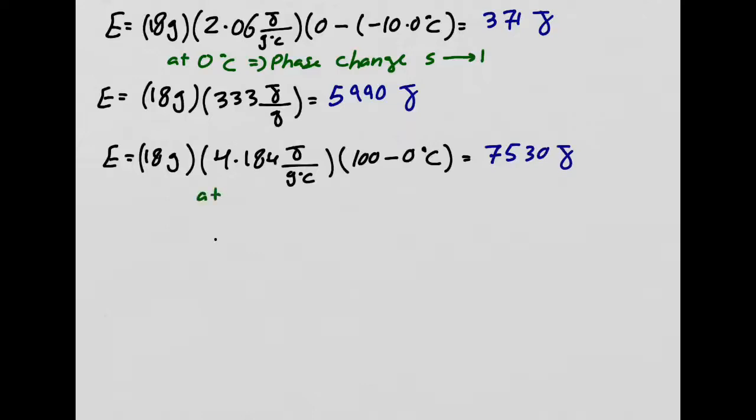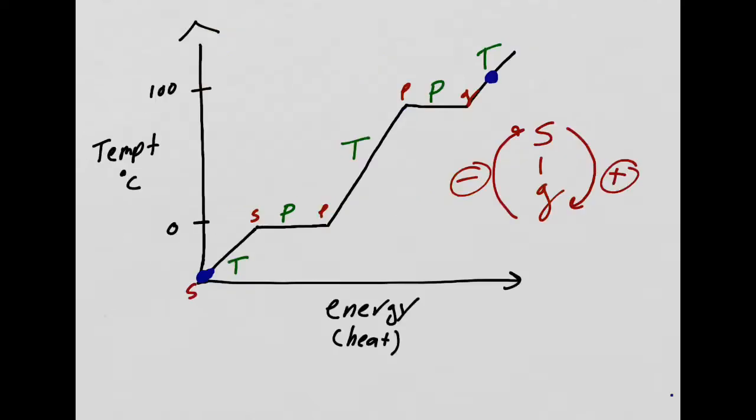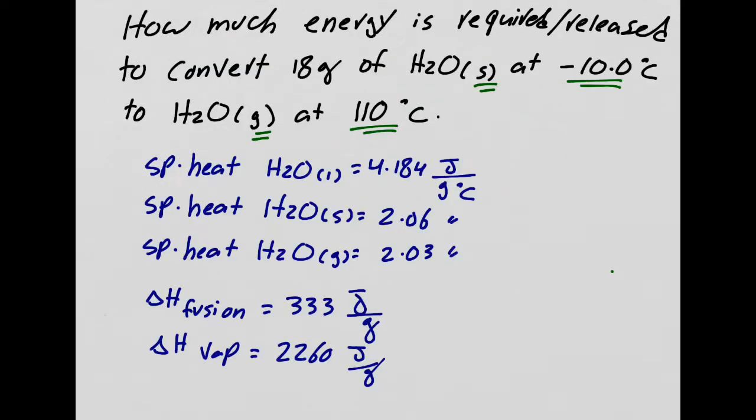Okay, now what's going to happen? I am at 100 degrees Celsius. If you are at 100 degrees Celsius, phase change can happen. Now I can go liquid to gas since I'm at that temperature. So we have to do a phase change. It is 18 grams. Now liquid to gas, that's the heat of vaporization.